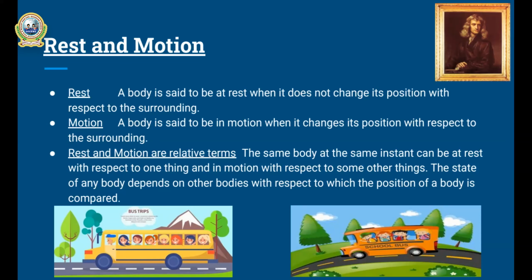So a passenger inside the moving bus, when studied with respect to the bus and when studied with respect to the outer surrounding, can be in both states, rest and motion. So rest and motion are relative terms.